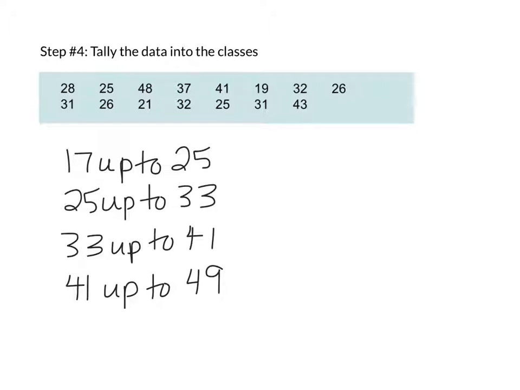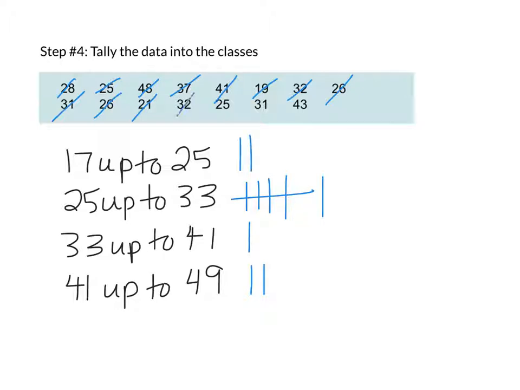And as I do this, if I take each individual piece of data and count where it's at, I'm going to scratch it off here on my data so that I can keep track of what I have selected and what I have not. 37 goes here, 41 goes here, 19 goes here, 32 is here, 26 is here, 31 is here, 26 is here, 21 is here, 32 is here, 25 is here, 31 is here, and 43 goes here.